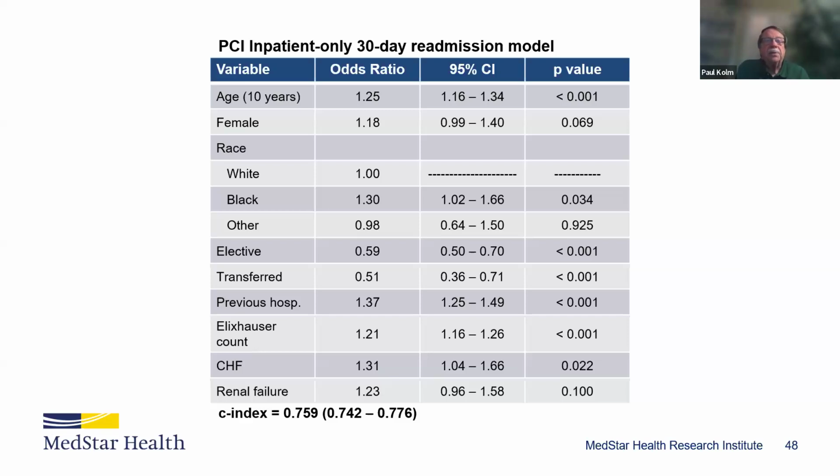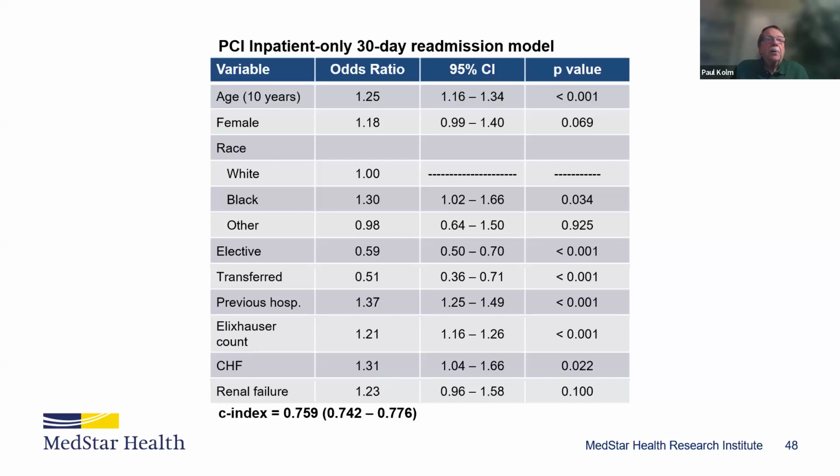So in this case, it means that those that have elective PCIs are 41% less likely to be admitted within 30 days after discharge. And then, whether it's previous hospitalization or Hauser count, that's an indication of comorbidities. And we can see the effect of each of those.